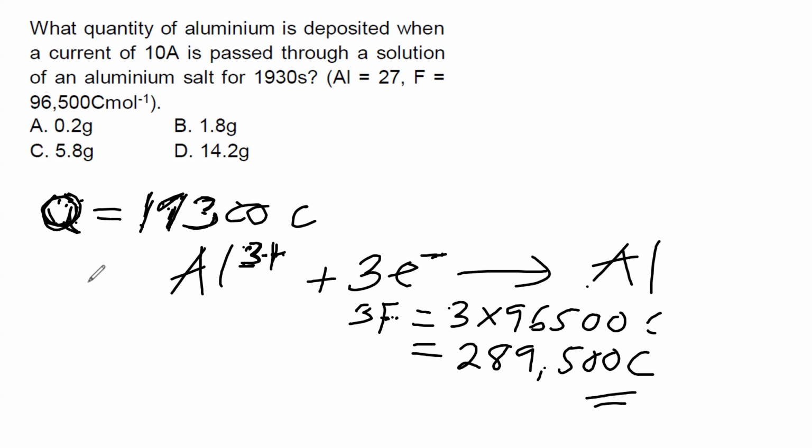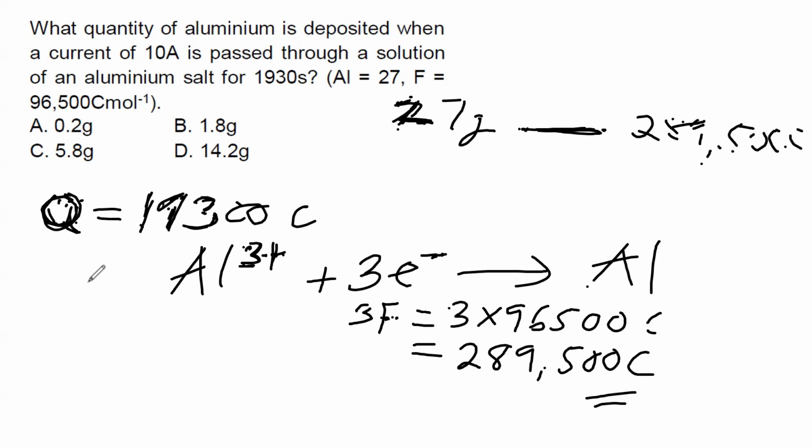Of course, we know that the mass of aluminium is 27. So we can simply say that 27 gram of aluminium is present in 289500 coulomb. And here we have X gram, which is unknown, present in 19300 coulomb.